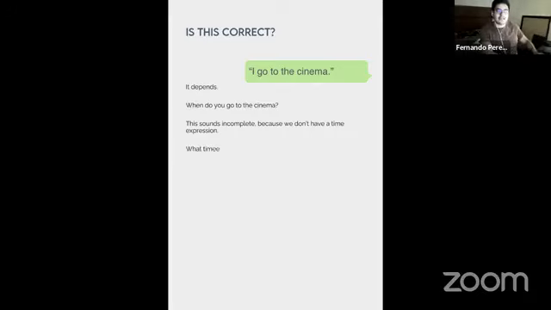What time expressions should we use for a verb in present? For go in this case.